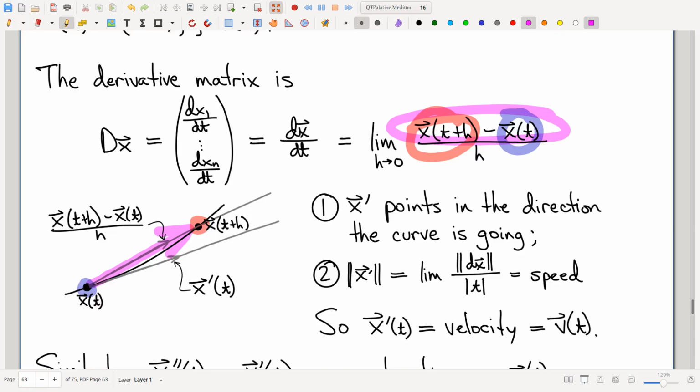That's what a subtraction looks like, right? On a parametric curve. And then I can talk about the limit. Well, let's see here. We'll divide by h. That's going to scale this in some way. And then in the limit, these points are going to get closer and closer together. These purple vectors are going to be getting smaller and smaller, but I'll be dividing by smaller and smaller h's. Y'all have been down this road before, right?